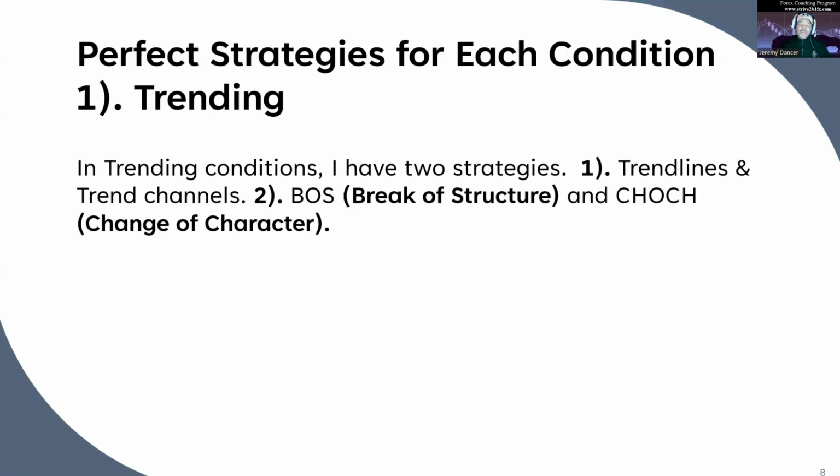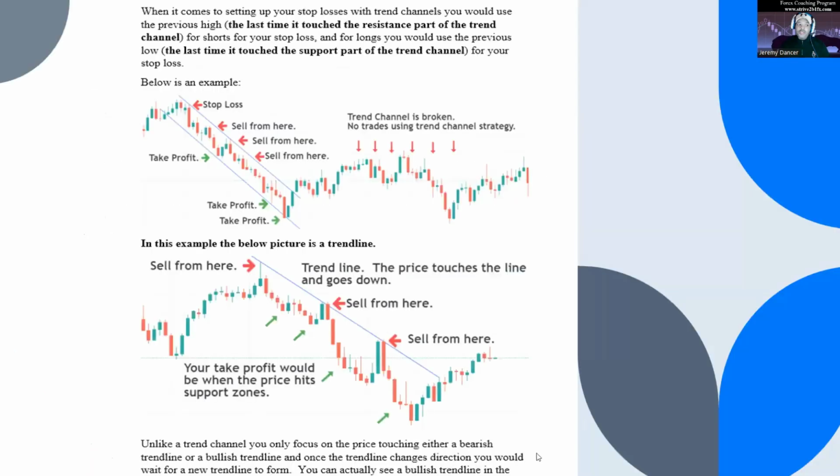So anytime I can find a nice trend, that's a beautiful situation to be in, especially during these times, because it's been kind of tricky lately in terms of the market, with gold making extremely big moves. The market's been very unpredictable, so it's been kind of hard to find those solid trending conditions.